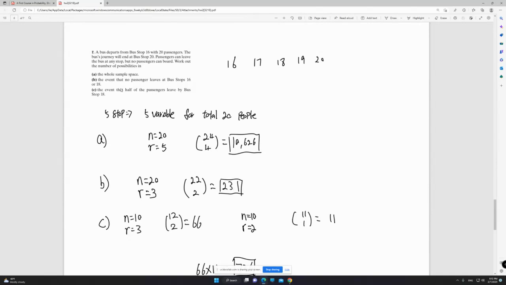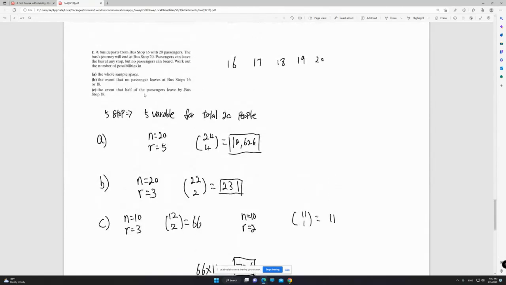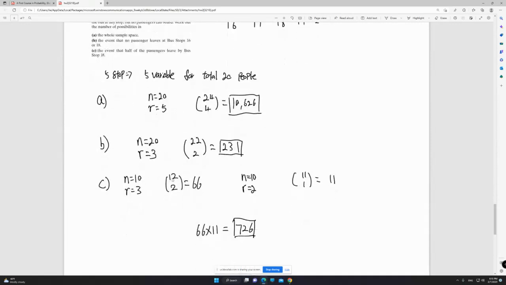And we got 231. And for the part C, the event that half of the passengers leave by the bus stop 18. So before bus stop 18, there's 3 variables. And there's half the passengers, so we have 10. So the R is 3 and the N is 10. So we have 12 choose 2, and that's 66.